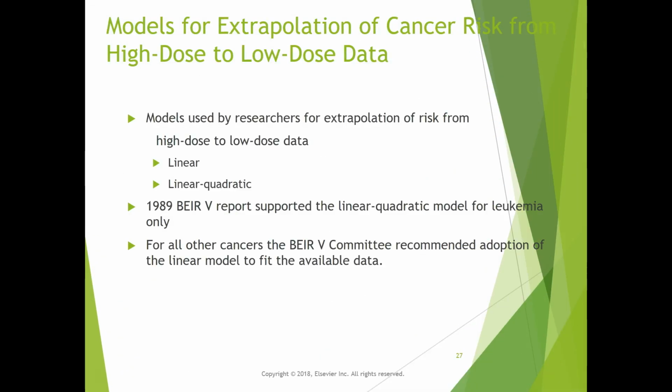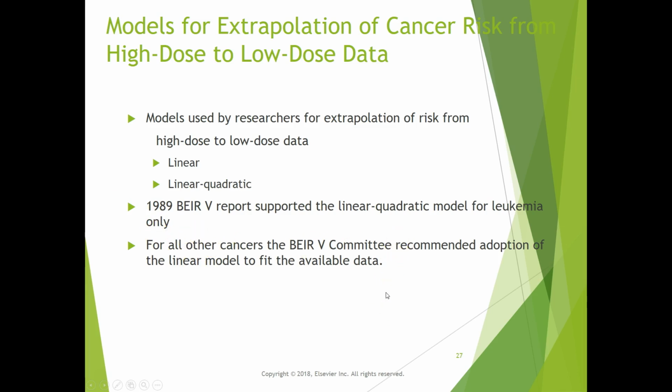Okay, so the models that are used by researchers for extrapolating our risk from high dose and low dose data are the linear and the linear quadratic. It says here the 1989 report supported the quadratic model for leukemia only.